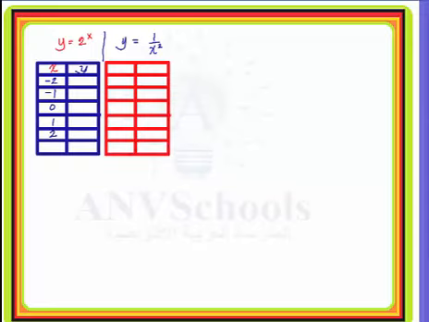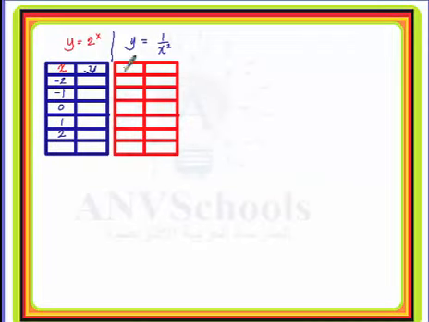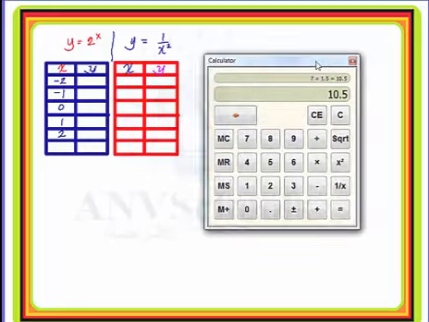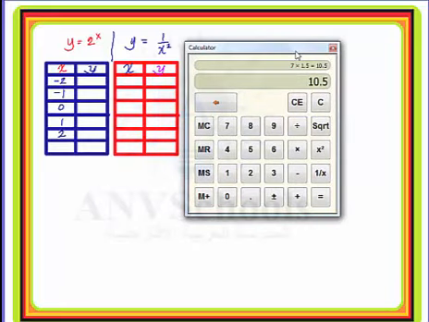So this is my x column, and this would be my y column. Let us do the tabular interpretation together, and let's have help from our calculator.